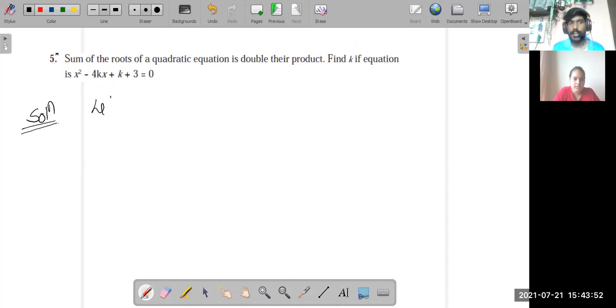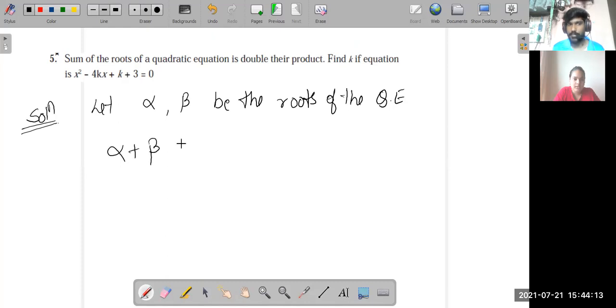So let alpha and beta be the roots of the quadratic equation. They are saying the sum of roots, that is alpha plus beta, is double, that is twice, the product, that is alpha into beta.